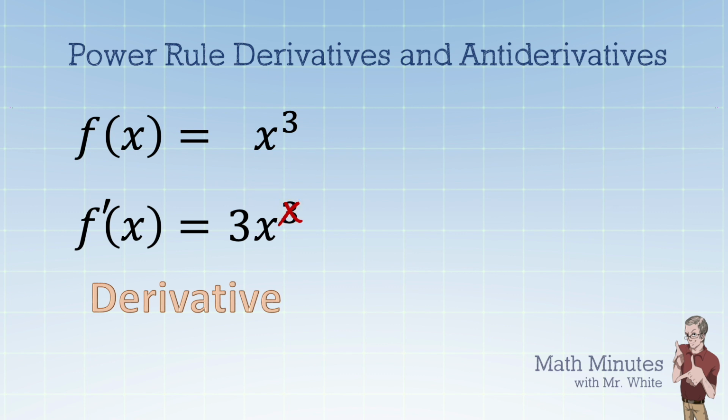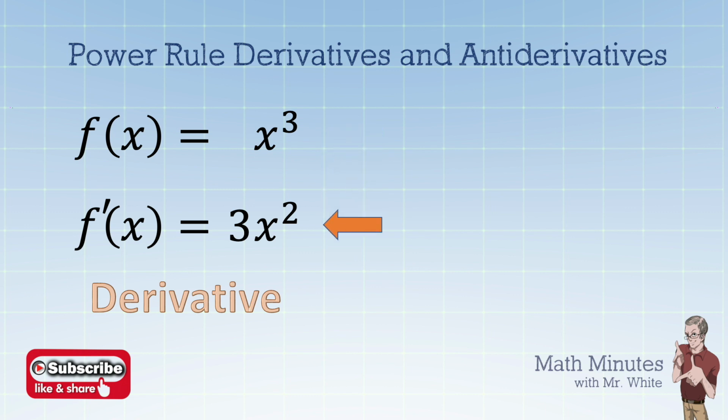What we need to do is reduce it by 1, subtract 1. However, you need to think about that, and we're going to have a new exponent that is a 2. So our derivative ends up being 3x squared, and we're done. We just found f prime. So we started with the original function f, we took the derivative, and we got 3x squared.